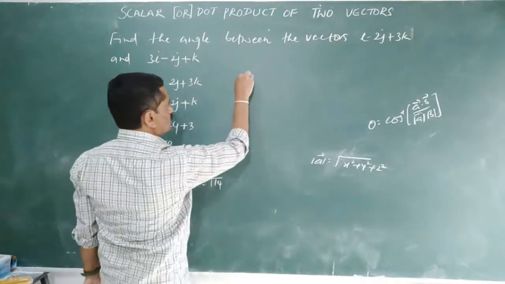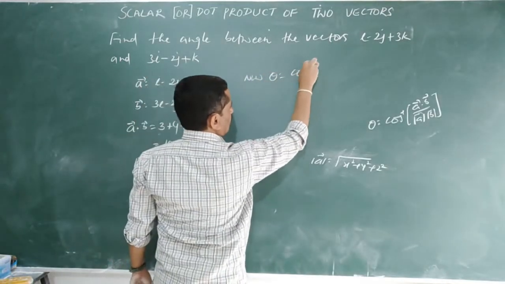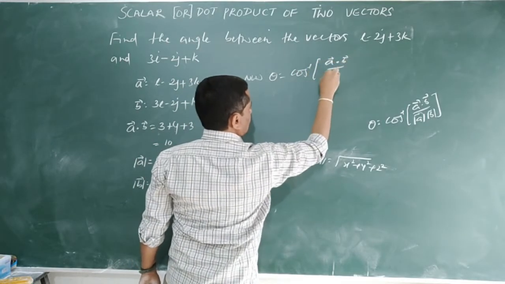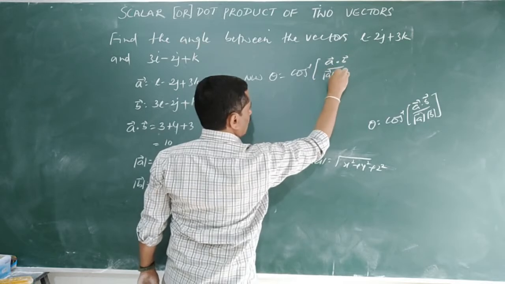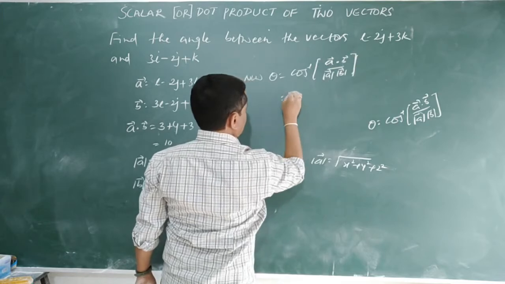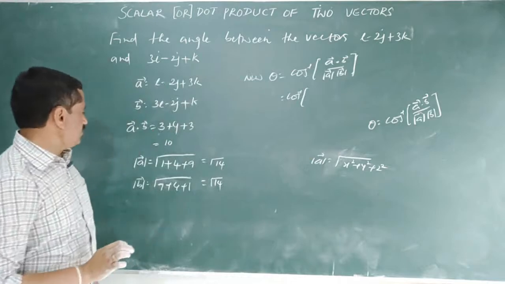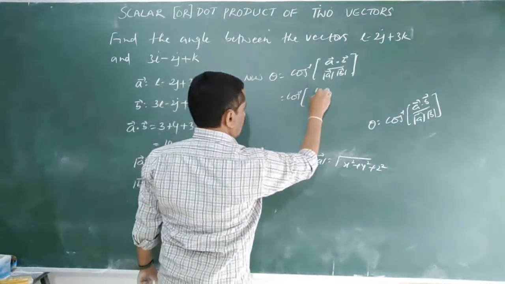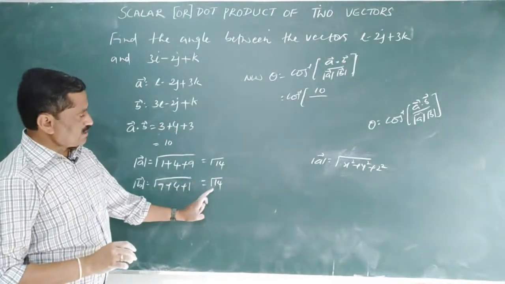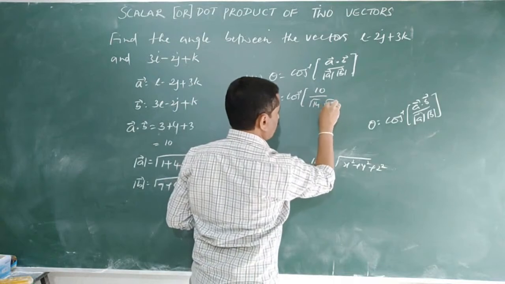So now theta is equal to, we have the formula, cos inverse of a bar dot b bar divided by magnitude of a bar into magnitude of b bar. Substituting the values, that is cos inverse of, what is a bar dot b bar? We have 10. So 10 divided by root 14 into root 14.